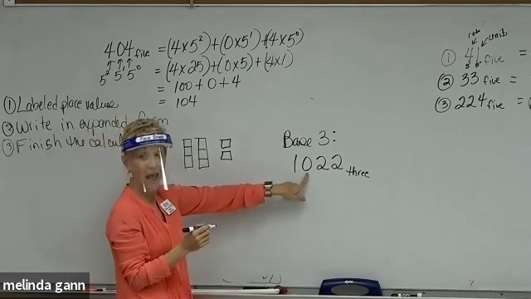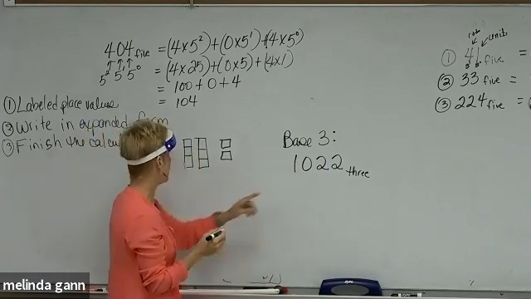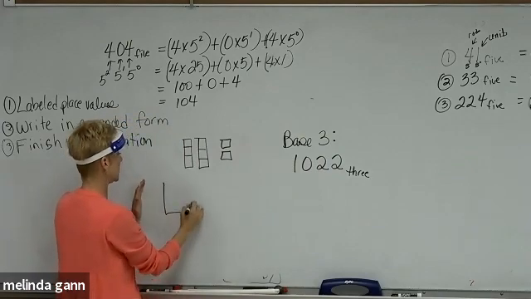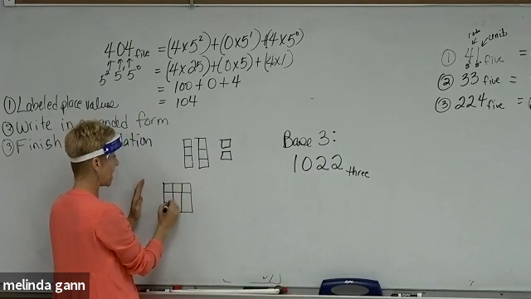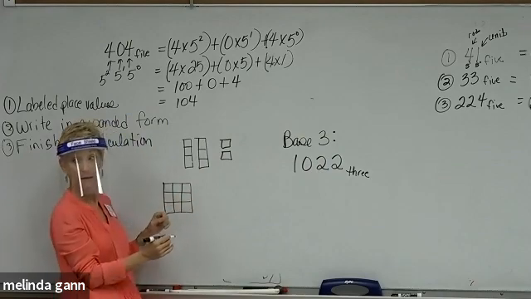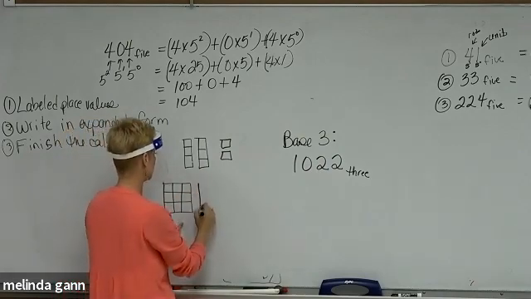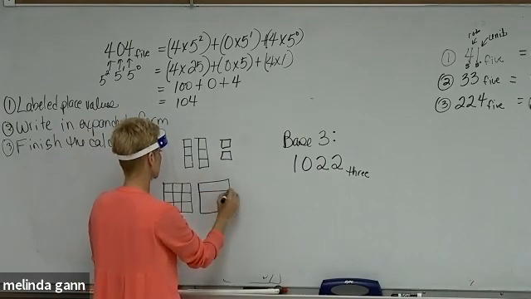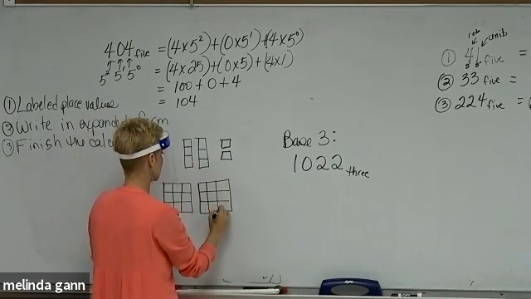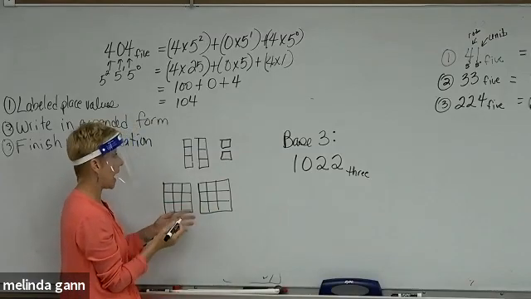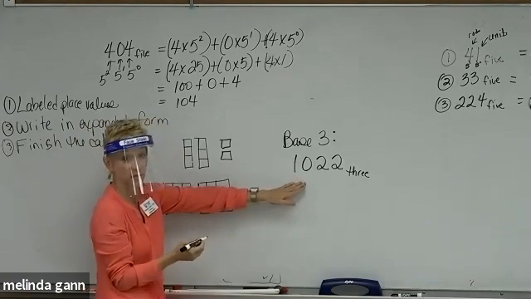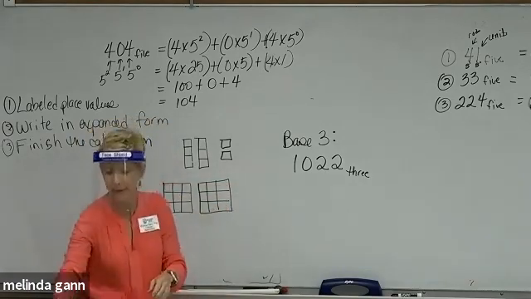Now, wouldn't this be my flats? But how big would my flats be? Wouldn't they be 3 of these rods? So how many would be in a flat? Everybody with me? Now, here I wouldn't have any of them though. Do you understand? But how big would the cube be?